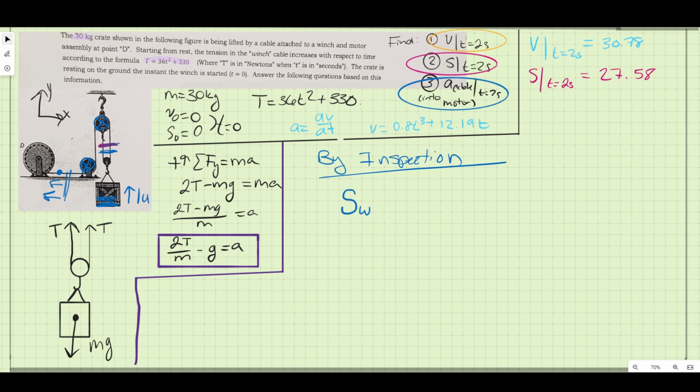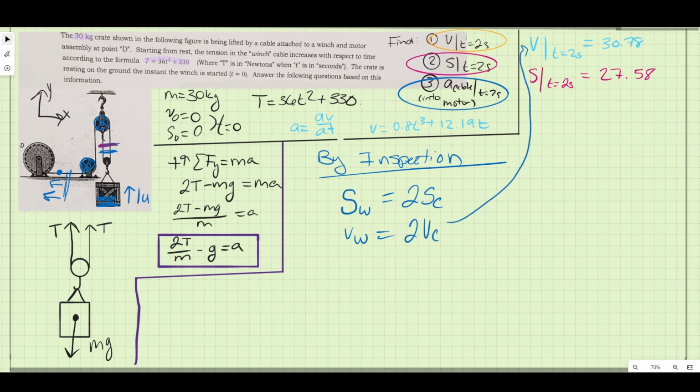We'll denote a subscript W for that, is going to equal twice the amount that the cable moves. And we can go down the ladder and say the same thing for velocity, V. That should be V, not a W. V_C. And we already know what V_C is because we put V_C up here.